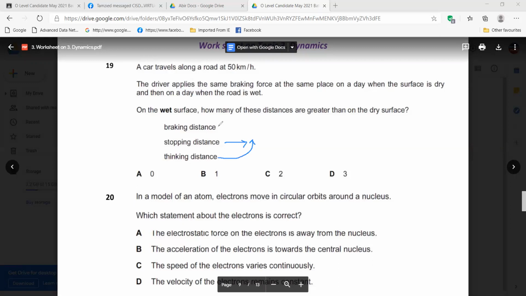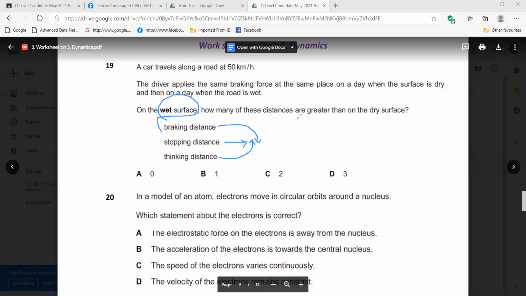Okay, Sumaya. Now, what I said, the stopping distance is related to thinking distance and braking distance, right? As the braking distance is increasing for the wet surface, we can say the stopping distance also changes, right?